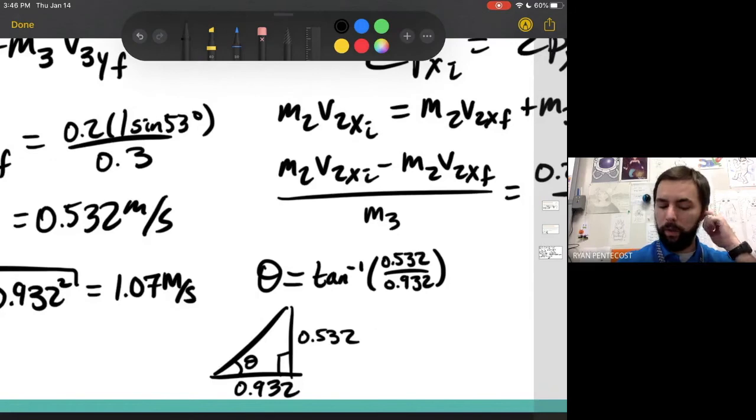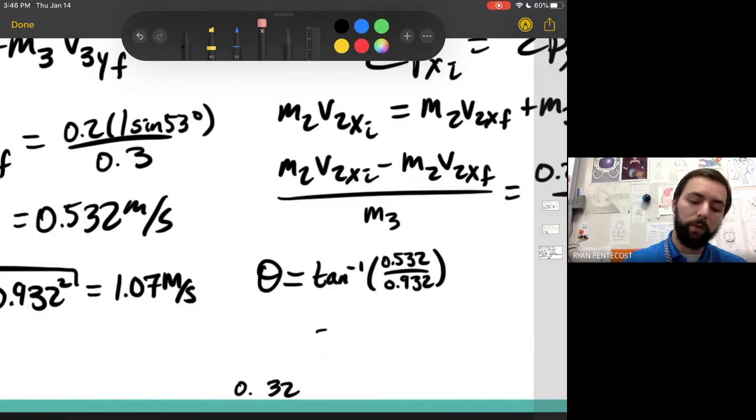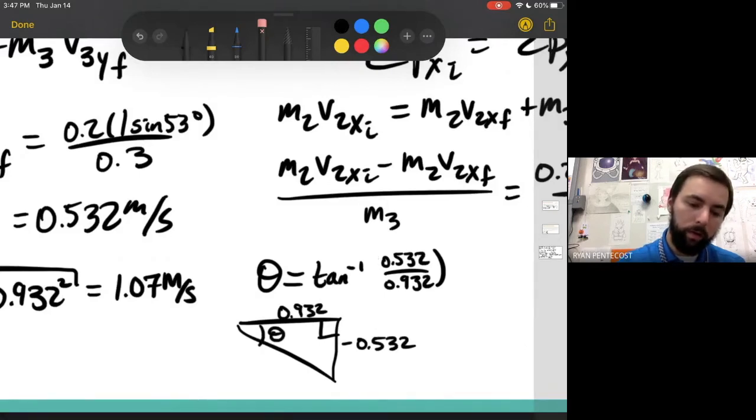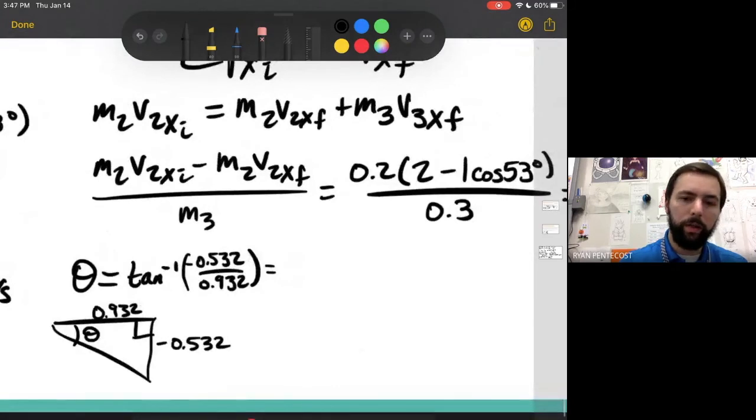Now, also keep in mind that if you want this to be as accurate as possible, we would make this trajectory more realistic. Because remember, this is going below the x-axis. It is actually going down, right? So this would be 0.932, and this would be negative 0.532. So if we throw in a negative up here, then that will give you negative 29.7 degrees.